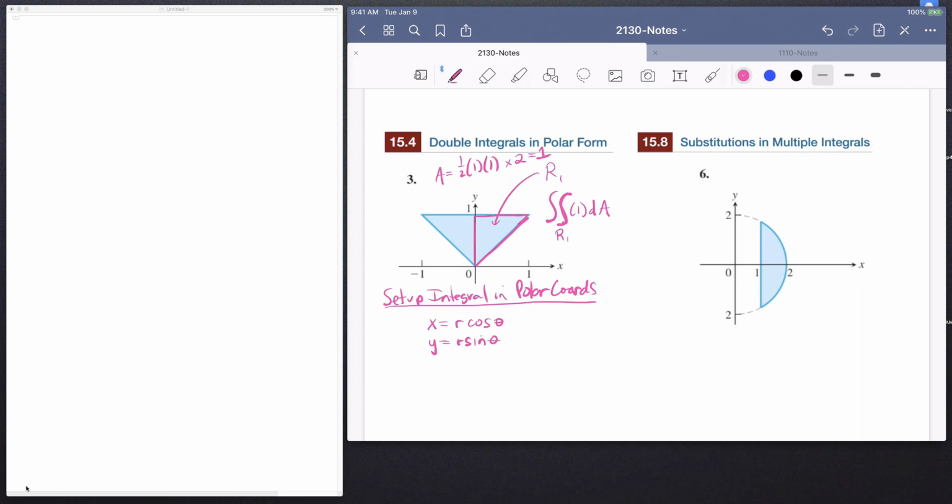All right, so what we are seeing here is that the top line of this region is y equal to 1.